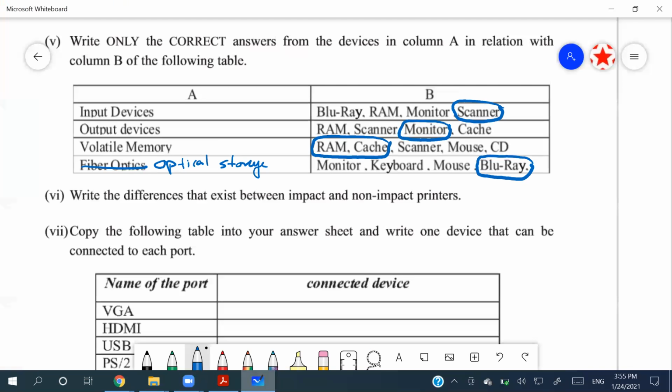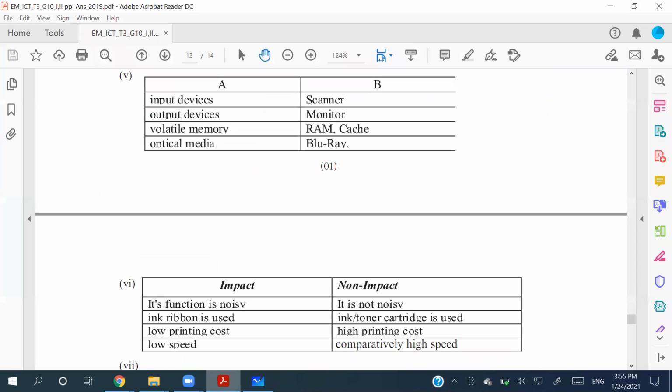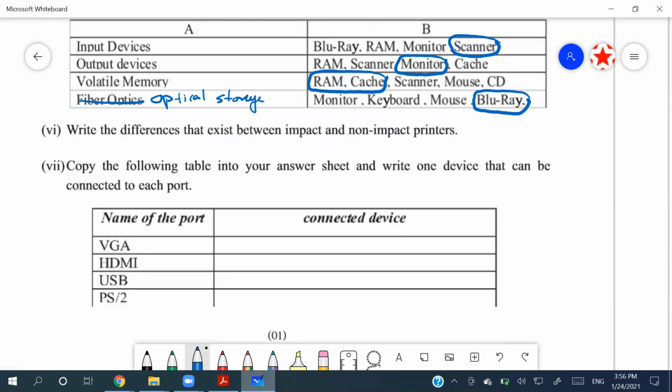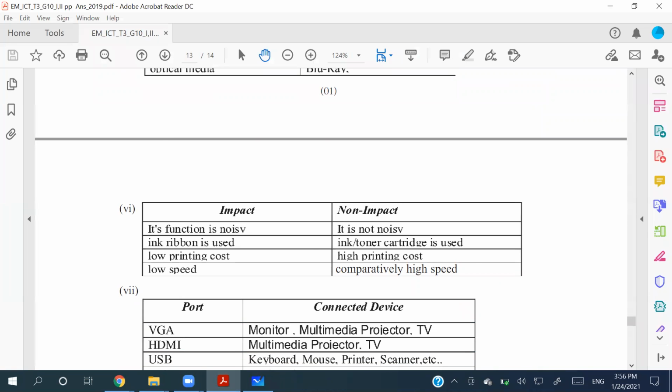Okay, the sixth one. Write the difference that exists between impact and non-impact printers. So these are the differences, if you get any two, I'm going to give you marks, right? So impact printer, when it is functioning, it is noisy, right?